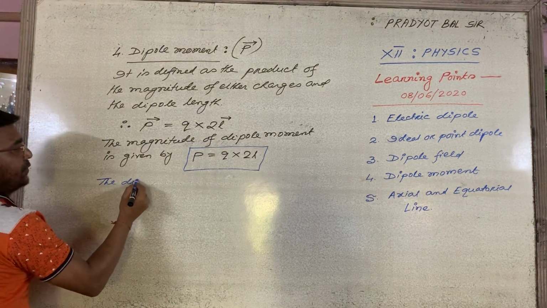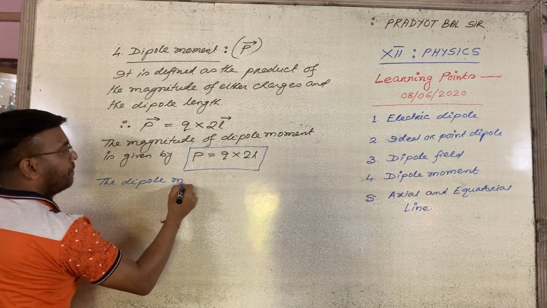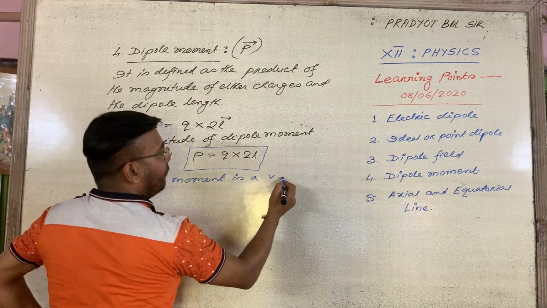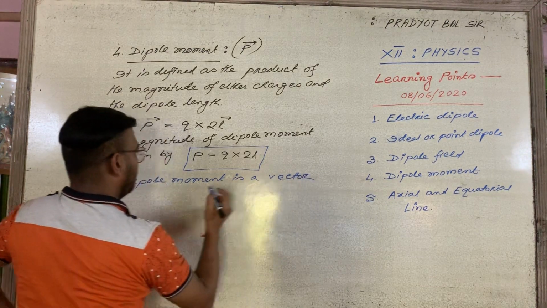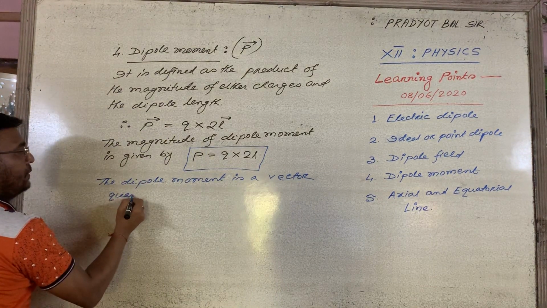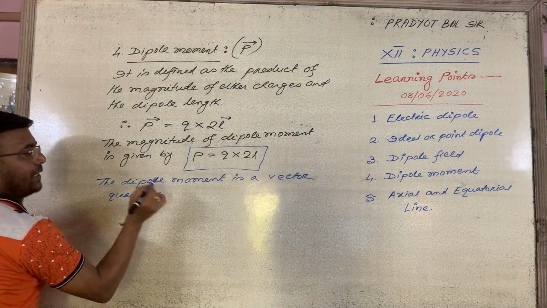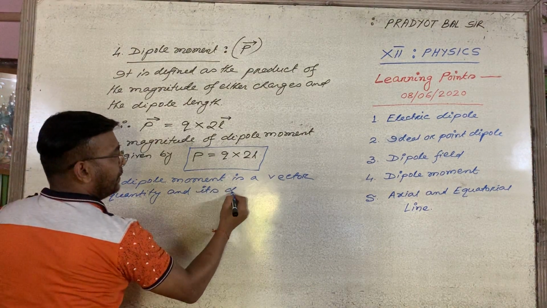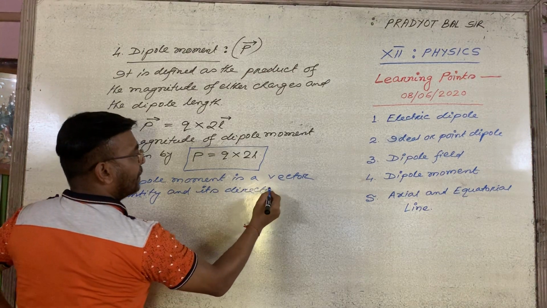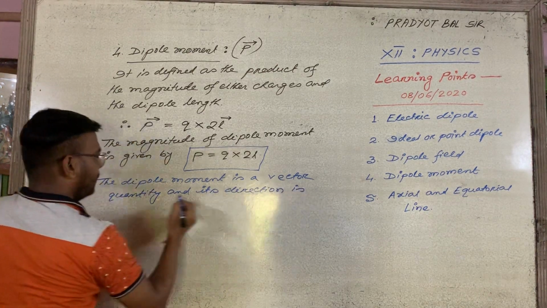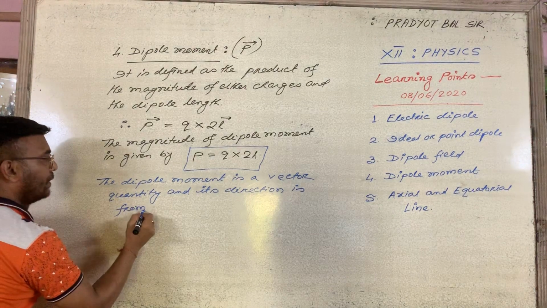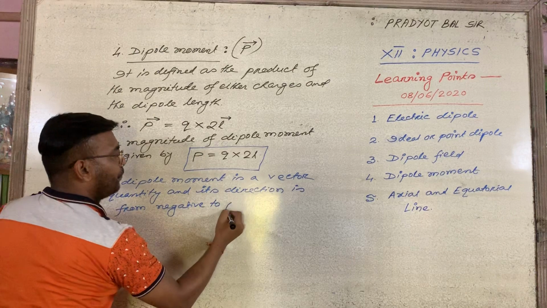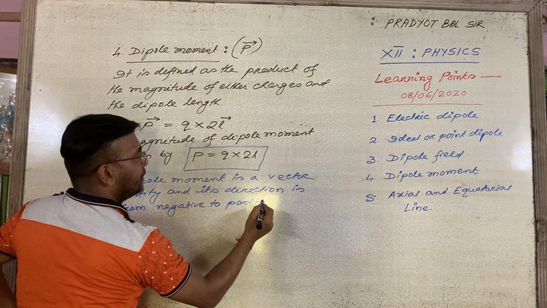The dipole moment is a vector quantity and its direction is from negative to positive charge.